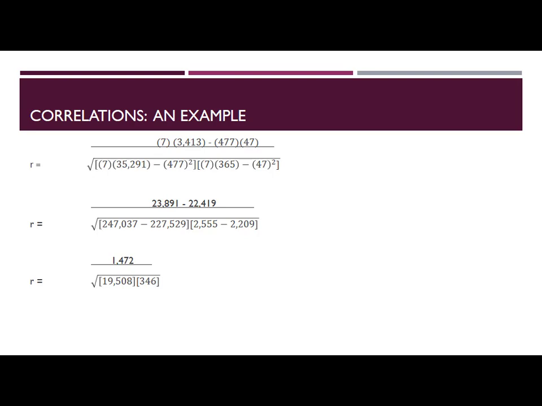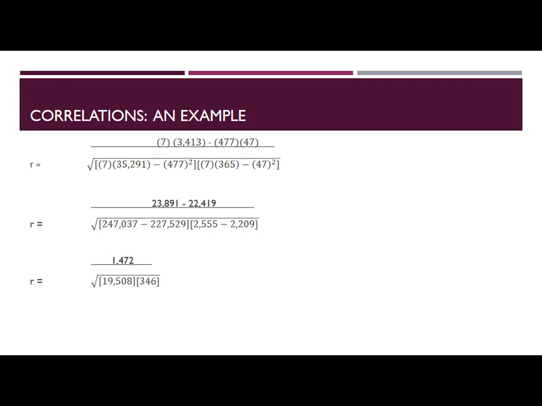So if you look at the second example down, you see that after I've multiplied, I have 23,891 subtract 22,419. I've done similar operations on the bottom floor, but I left that square root in place because I can't forget that. I cannot forget to do the square root after I've done all the calculations below it. Many students on tests forget to do that, and I encourage them not to, but I just have to keep reminding them so that they get it in their heads that this is a habit that we need to have.